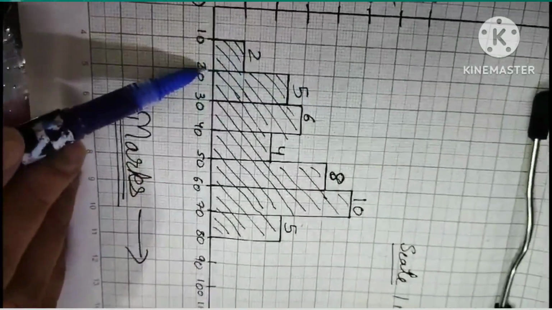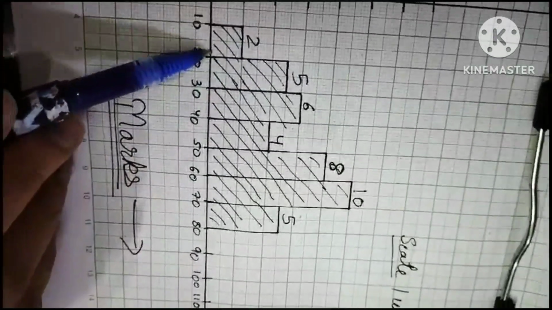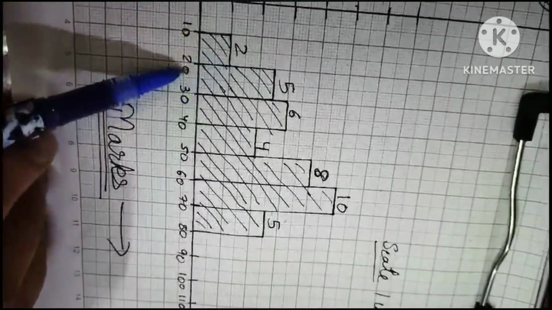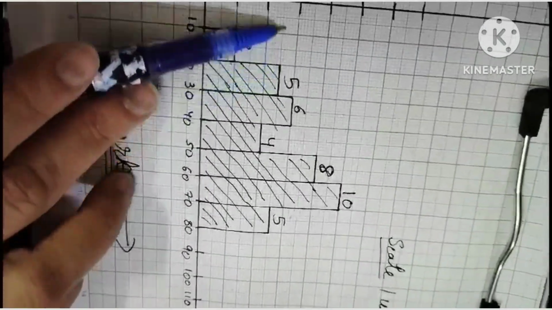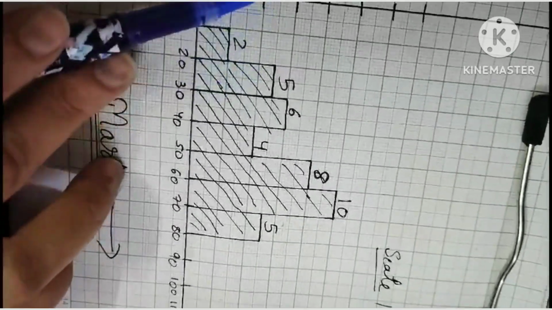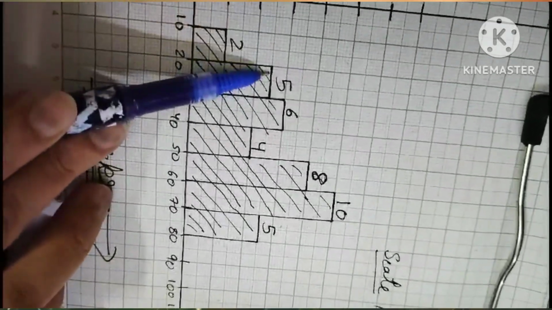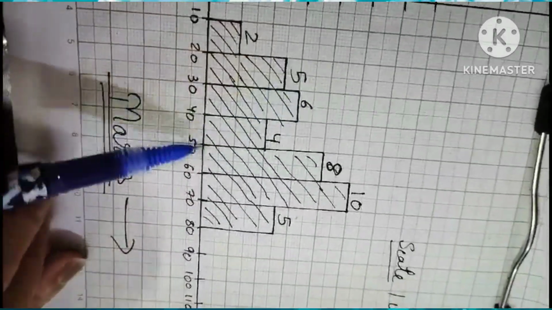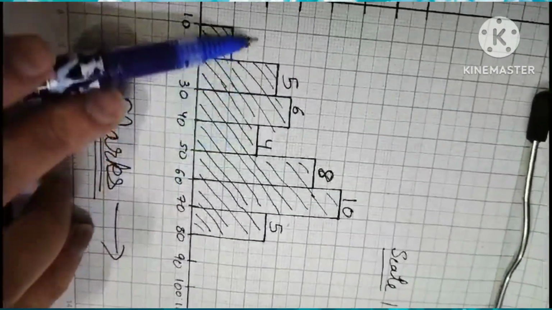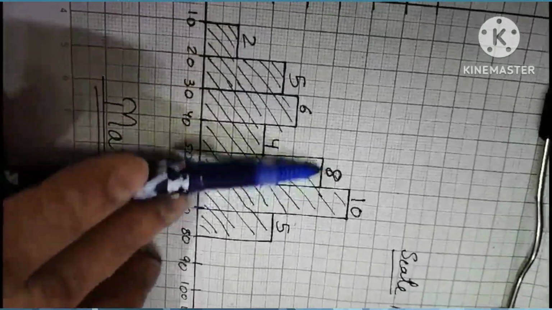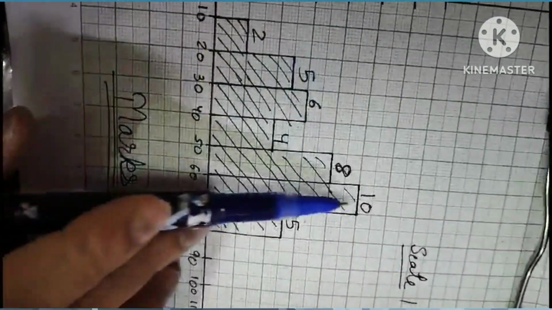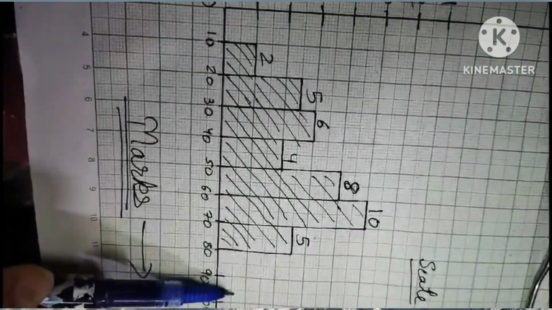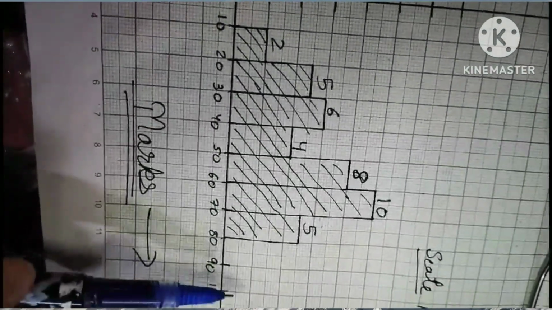That means for 10 to 20 we make this 2 units, and then for 20 to 30 we make a rectangular bar of 5 units. 4 to 6 in between, this is 5 units, and 30 to 40 this is 6 units, 40 to 50 this is 4 units, and 50 to 60 8 units, 60 to 70 10 units and so on. So this is the histogram. This is an example of a histogram.